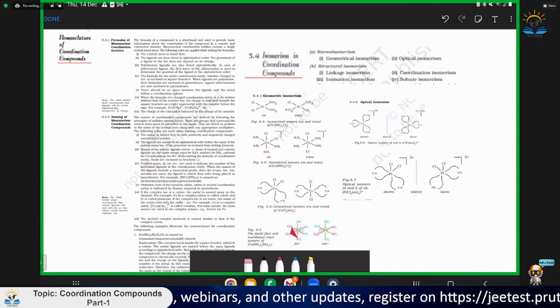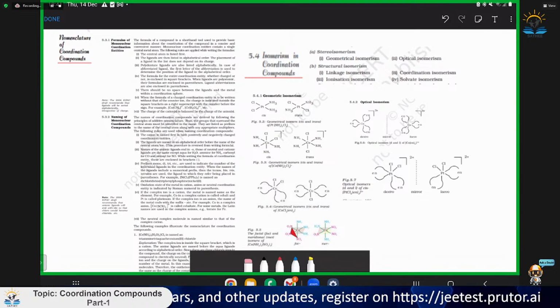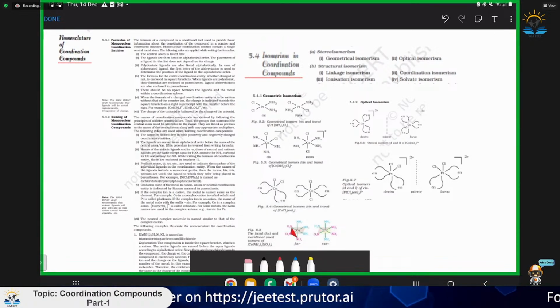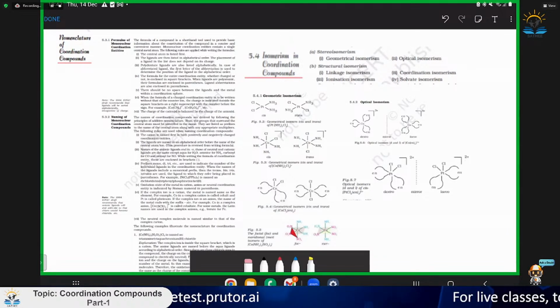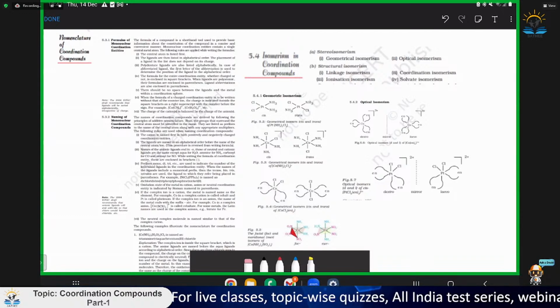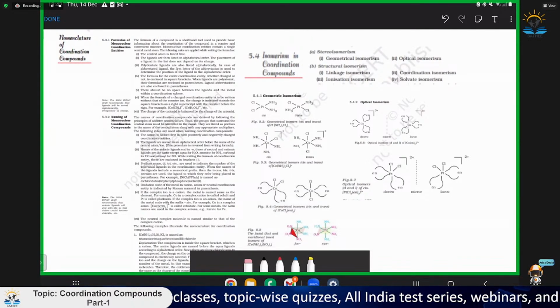Binuclear and polynuclear also exist, but since it's reading for you, I didn't include them. For formulas, the central atom is written first, bracket open and then the central metal atom. Then your ligands are listed in alphabetical order. The placement of a ligand in the list does not depend on its charge. Polydentate ligands are also listed alphabetically.